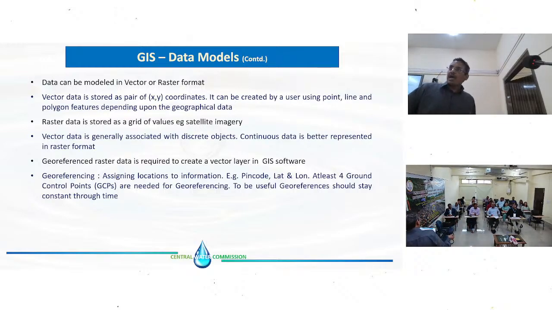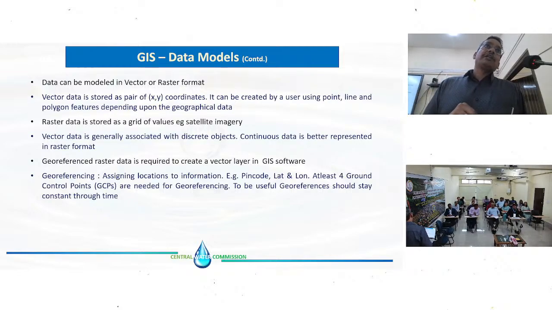But unless you have associated geographical information, the relative distance between features, unless you associate every point with some locational information, it will not be qualified to be called geographical data, even though it is depicting something.